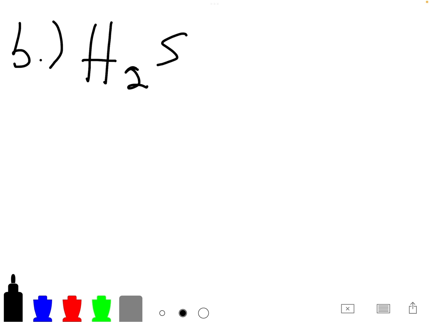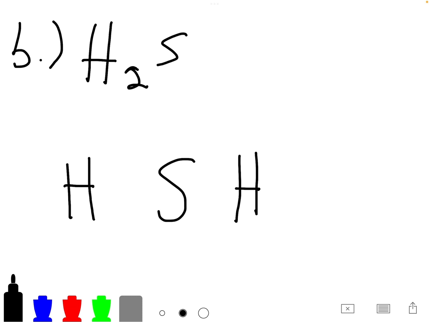So you just join them, and they would just be joined a little bit, pushed in a little closer to the sulfur, so it would just look like that.